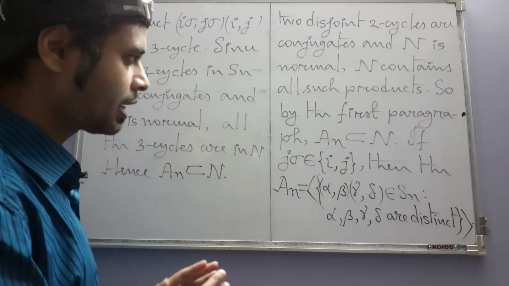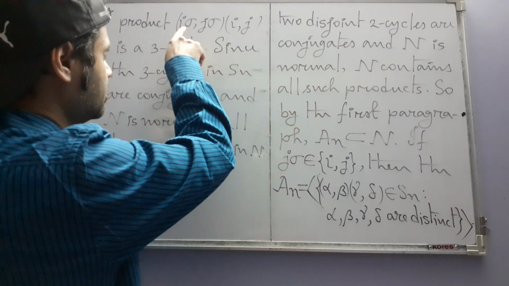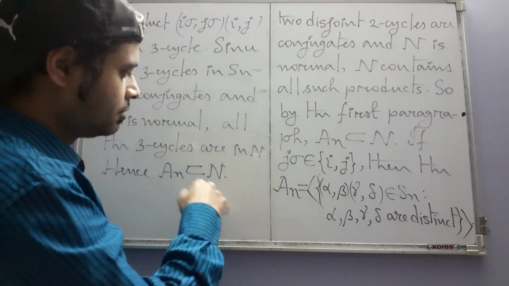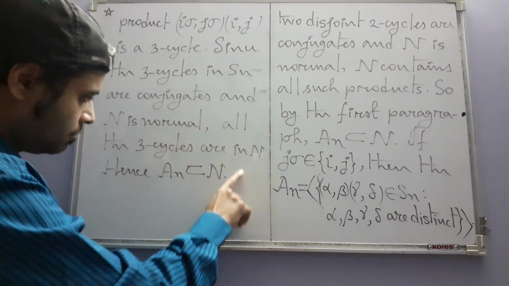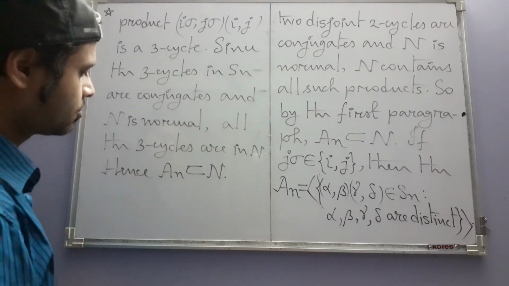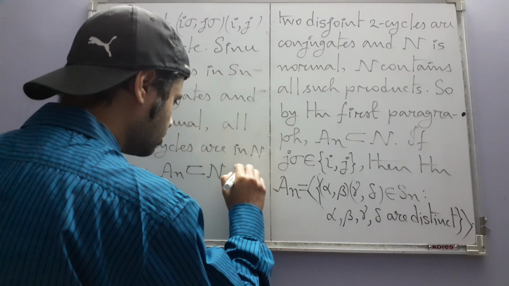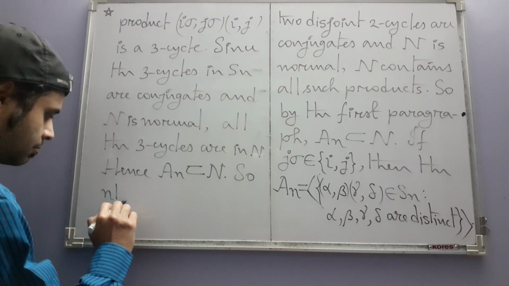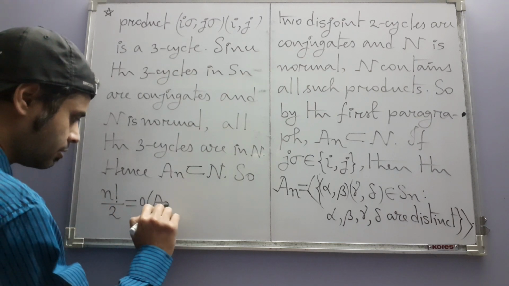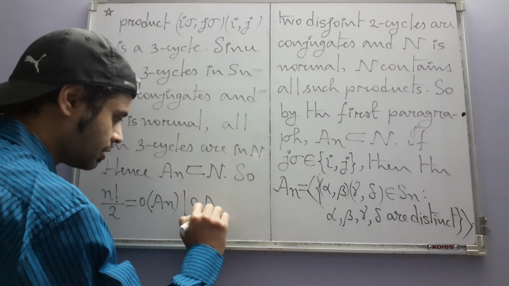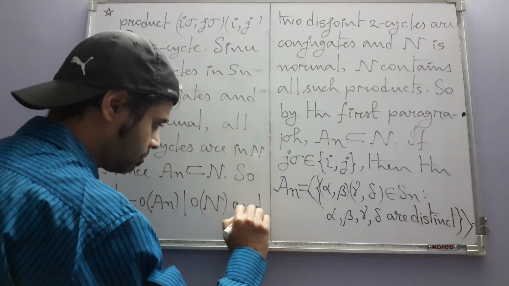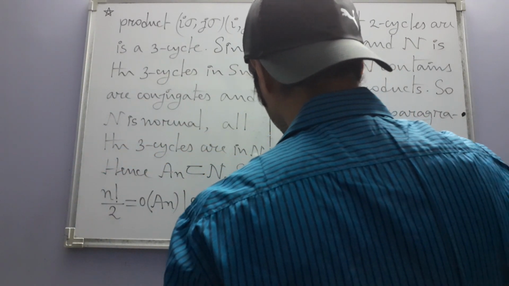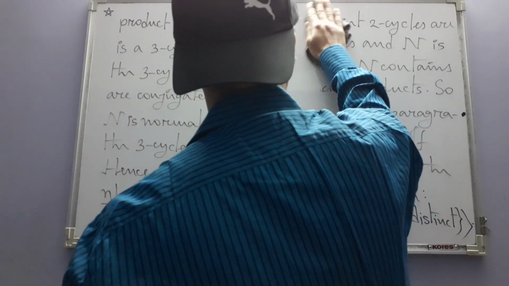Okay, so now we have got unconditionally, whether this jσ is one of them or is not any of them, without any condition, we have this fact: A_n is contained in N. So the order of A_n by Lagrange's theorem has to divide the order of N, and also the order of N of course also has to divide the order of S_n, which is n factorial.